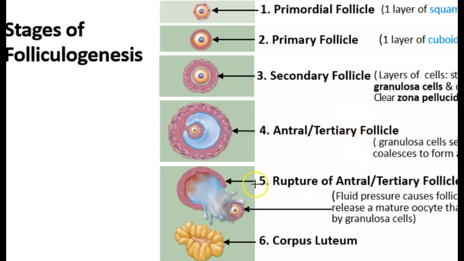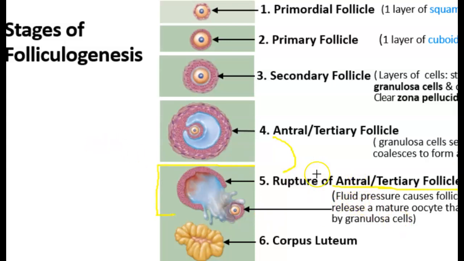The fifth stage of folliculogenesis is formation of a tertiary follicle, also called an antral follicle, but really you could call either one of these. The fifth stage is rupturing of this tertiary follicle.